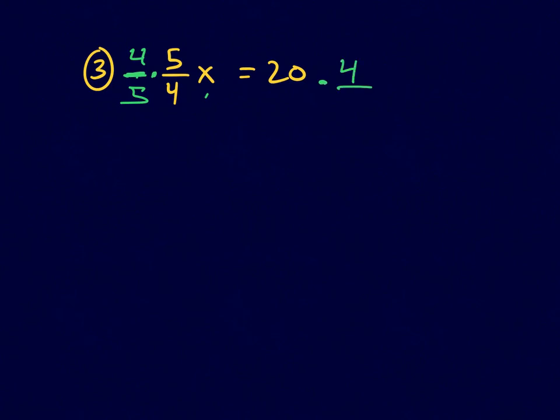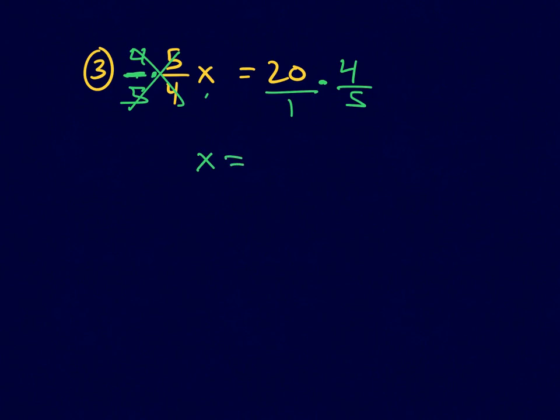And what I do is I have to do that on both sides. So times 4/5. In order to make that multiplication happen on the right side, I'm going to put 20 over 1. We did that in the pre-skills a little bit. So 4/5 times 5/4, the 5's cancel, the 4's cancel, and we just get x. So I have x equals, and now here I could multiply across.